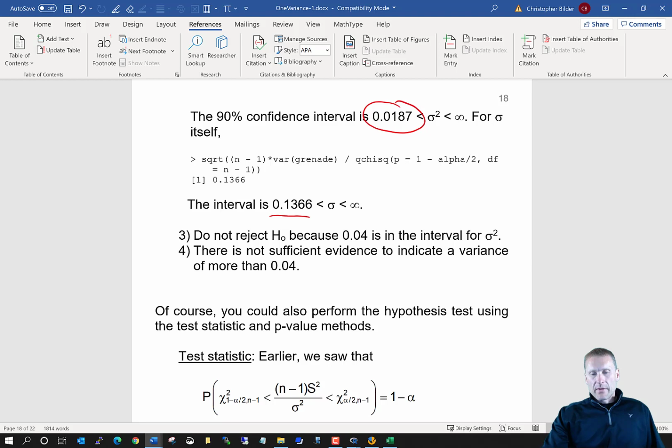So then, when we're dealing with sigma squared is 0.04, when we're dealing with sigma, we're dealing with 0.2. Notice that 0.2 is inside this confidence interval there. So because of that, there's not sufficient evidence to indicate a variance of more than what's stated, or a standard deviation more than what's stated.